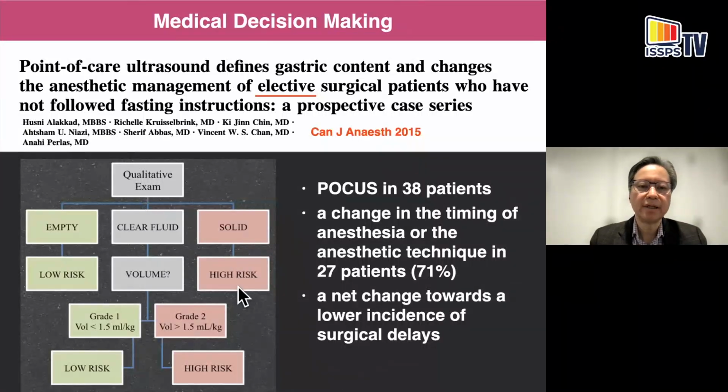You want to wait. If it's a fluid, you want to know what the volume is. If it's more than 1.5 mils per kilo, more than 100 mils, you consider that as a high risk. Either you wait to proceed with general anesthesia, or you decide to give the patient some medication to increase gastric emptying. And you can scan again to make sure the stomach is now empty, safe enough to proceed with general anesthesia.